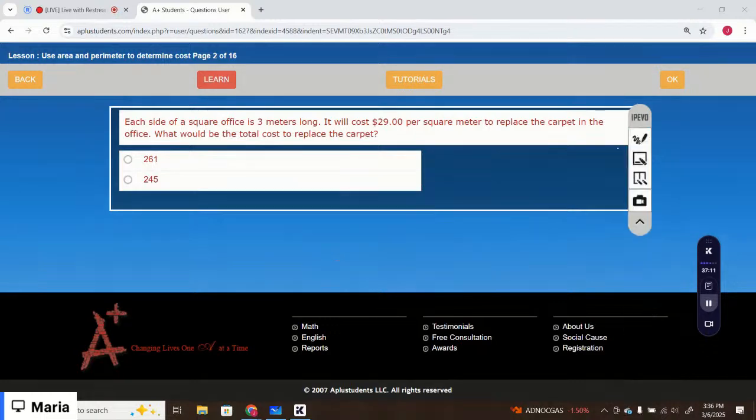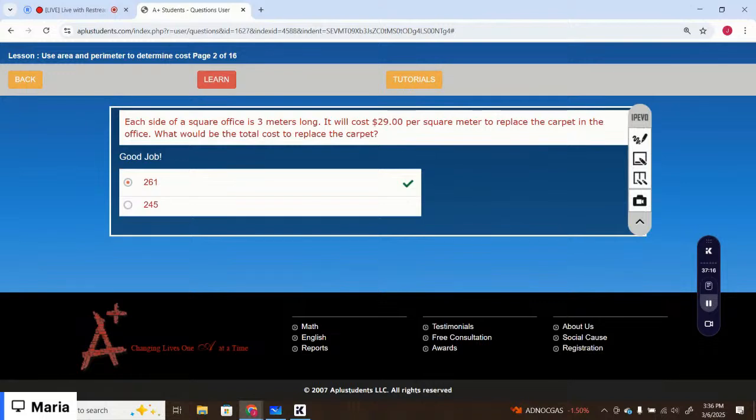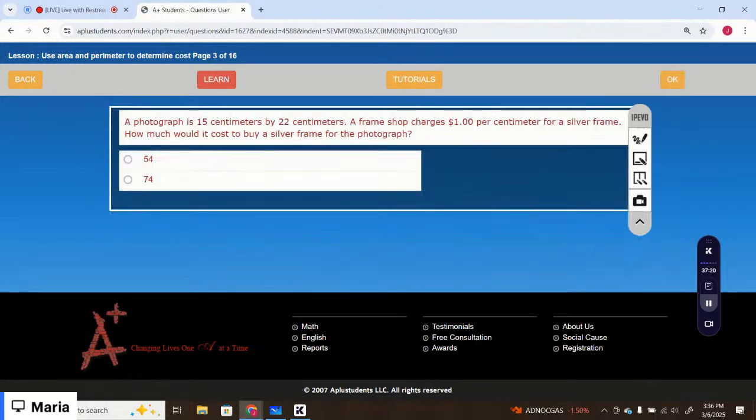One is the correct option. A photograph is 15 centimeters by 22 centimeters. A frame shop charges $1 per perimeter of a silver frame.